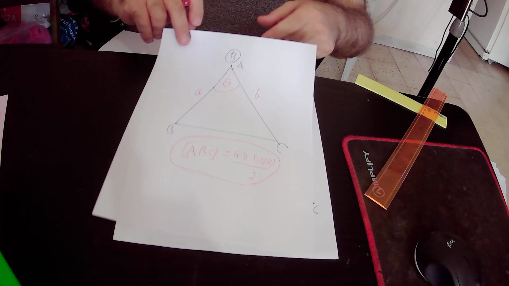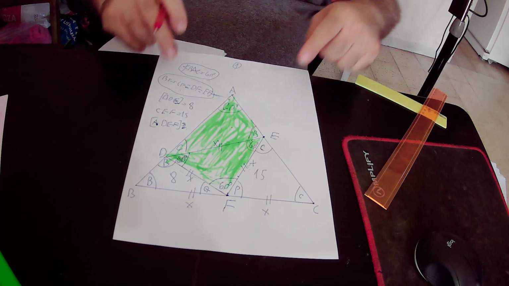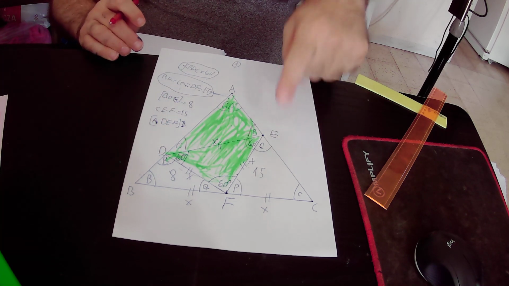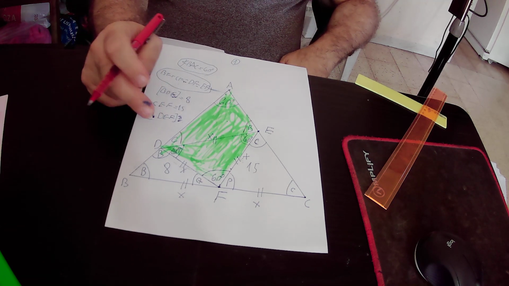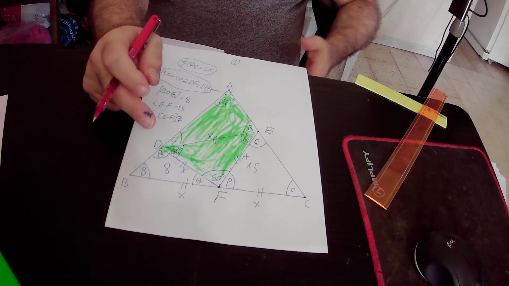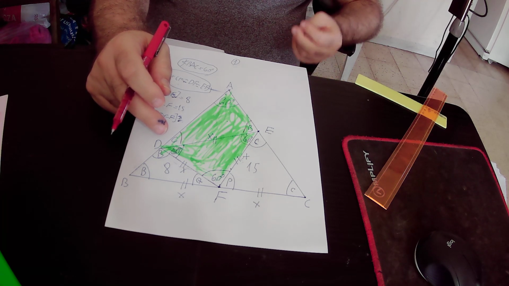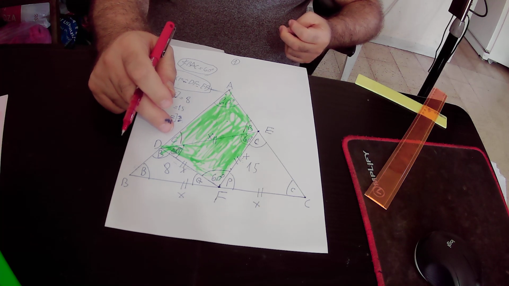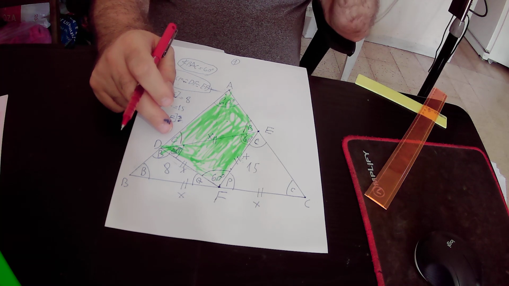Okay, we will use this formula in order to calculate the areas of those two triangles. Actually, we know that the area of triangle EFC equals 15 square units, and the area of triangle DBF equals 8 square units. But we want to find out, we will express those two areas by their formulas.